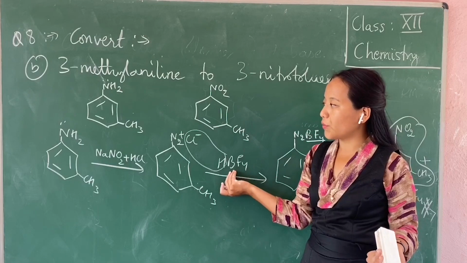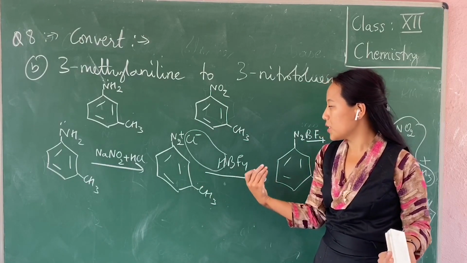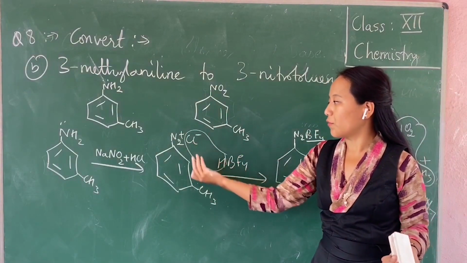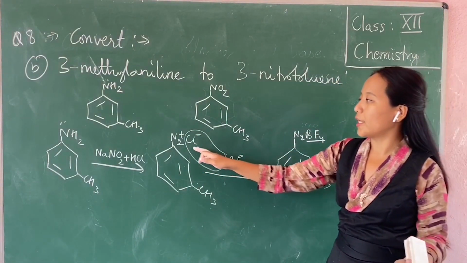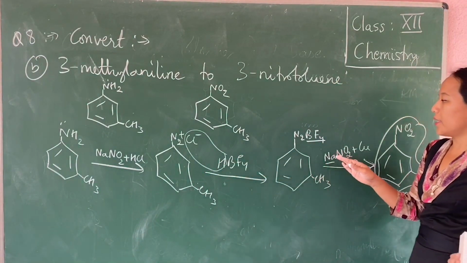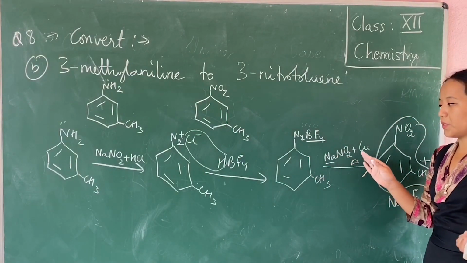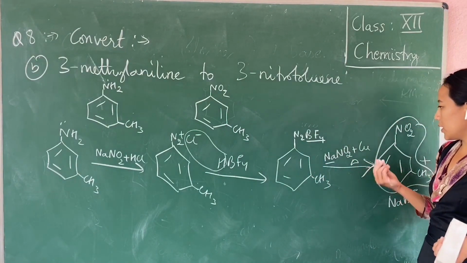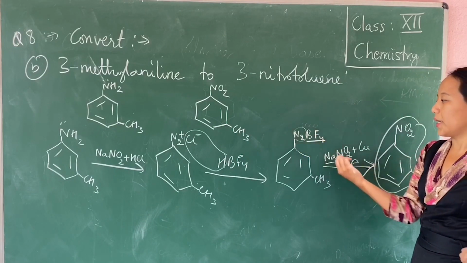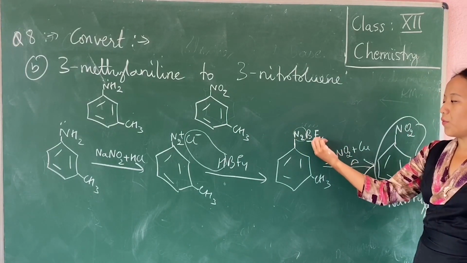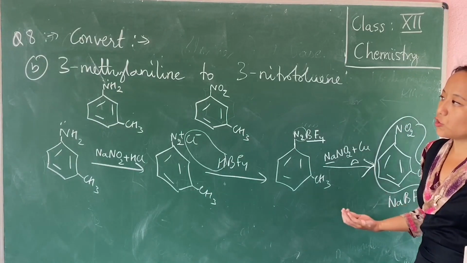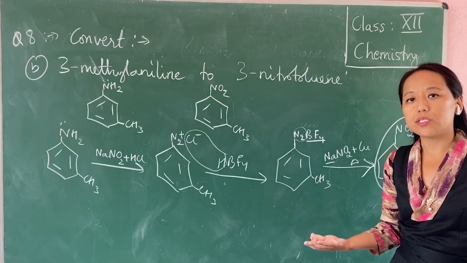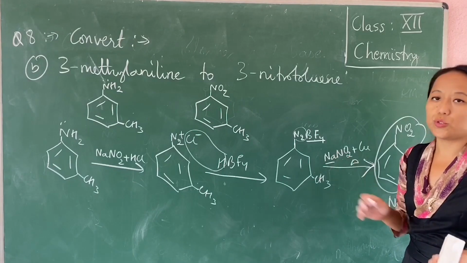When you treat fluoroboric acid with diazonium salt, it leads to the formation of benzene ring with CH3 and N2BF4, where hydrogen and Cl- will leave, and then you are going to treat it with sodium nitrite plus copper, and you have to heat it, and this group will be replaced by NO2. Na and BF4 will combine together to form the byproducts. So that's about conversion based on replacement of N2 by NO2 group.